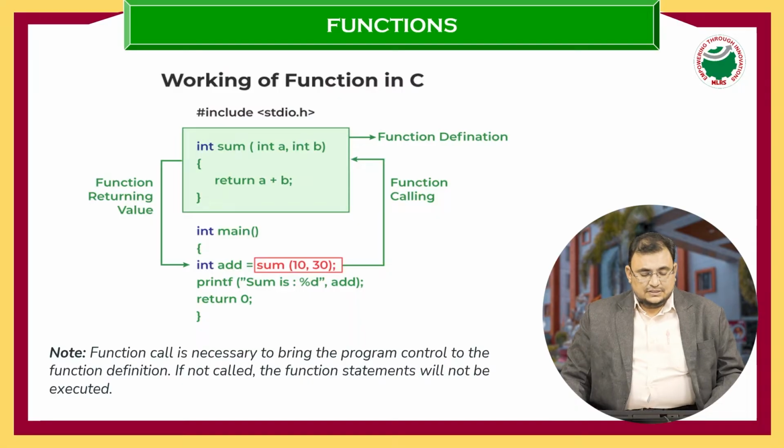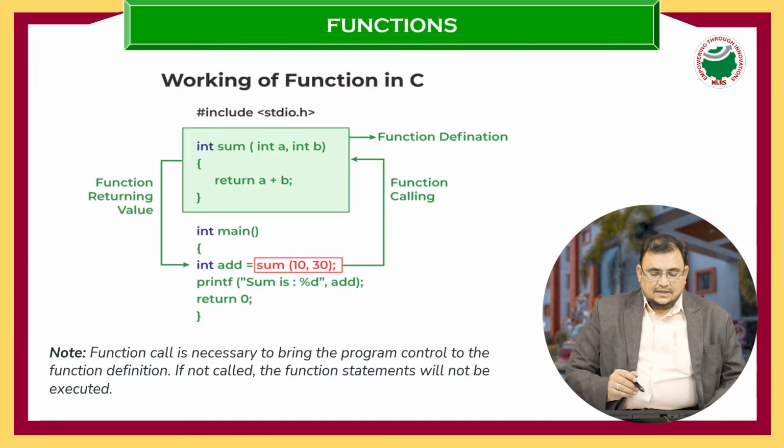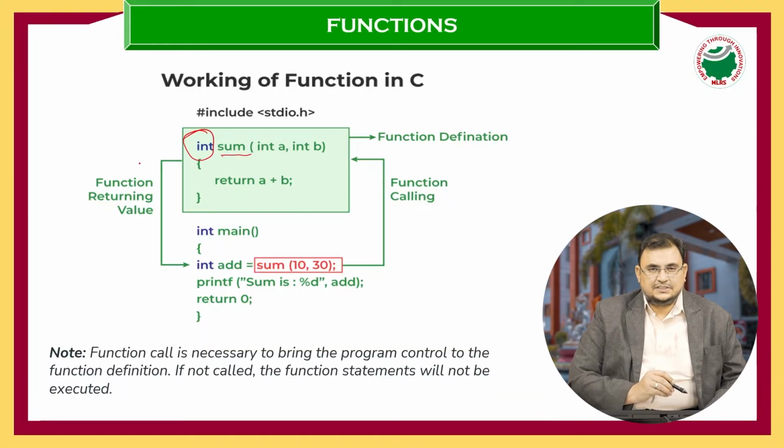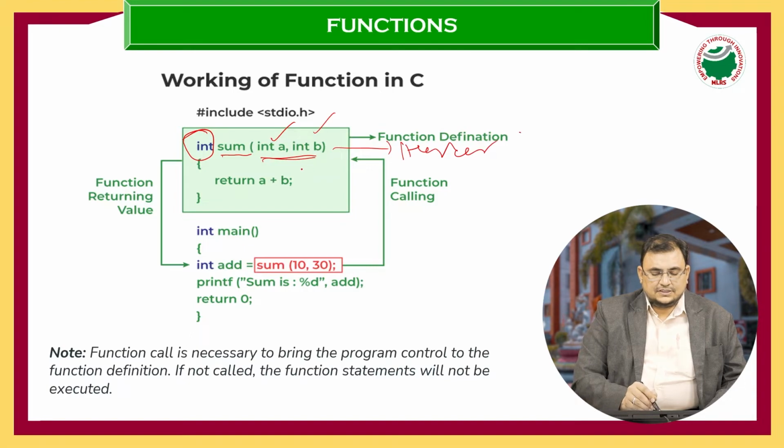Working of functions in C: for example, consider a function called sum. The name of the function is sum, and the return type of the function is integer. Here we are using two formal parameters, int a and int b. This totally is called the function header. The function body consists of a return statement, return a plus b.